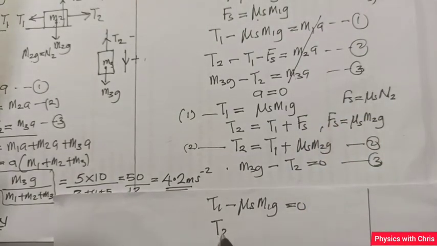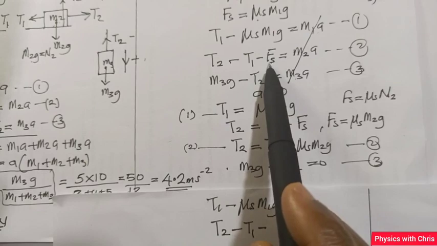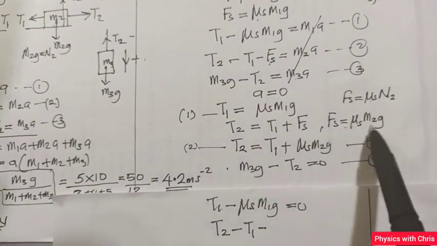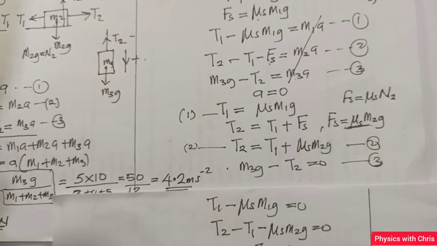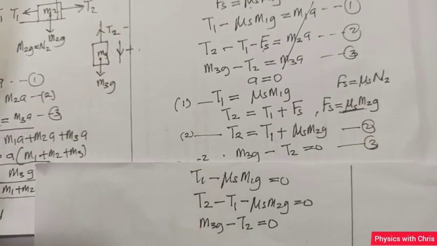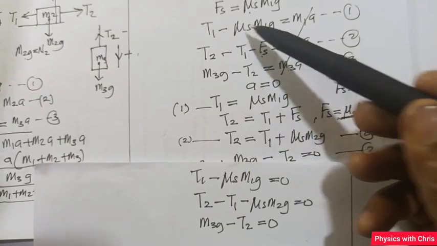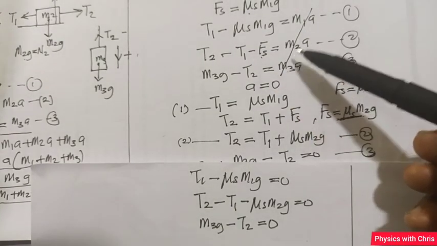So I have T2 for the second equation minus T1 minus my Fs, which is mu s M2G, is equal to 0. Then the third equation is M3G minus T2 is equal to 0. So I can bring out the three equations like this again. I'm recopying them. Equation 1, equation 2, equation 3.